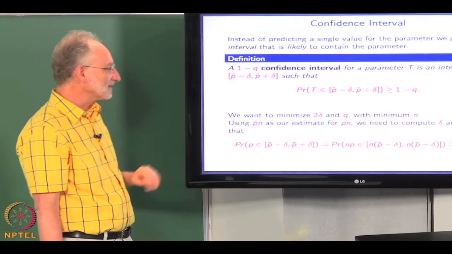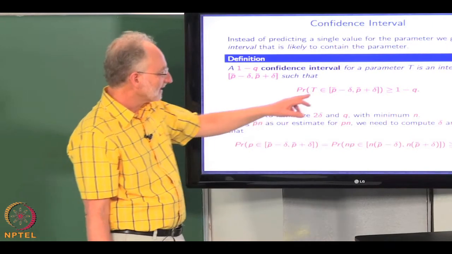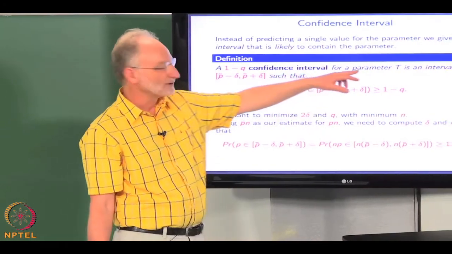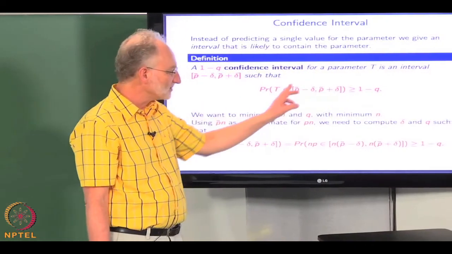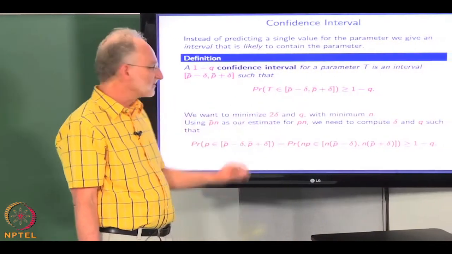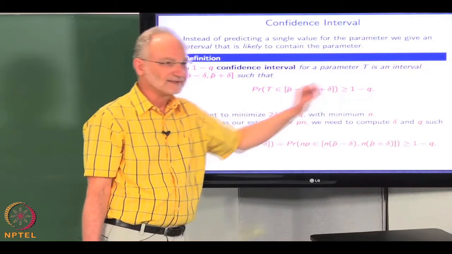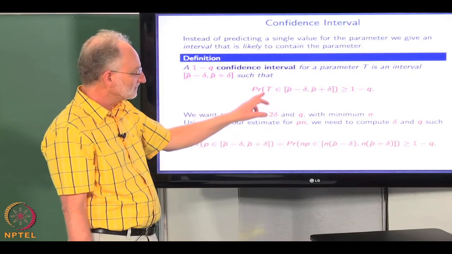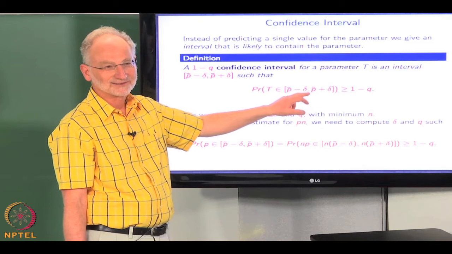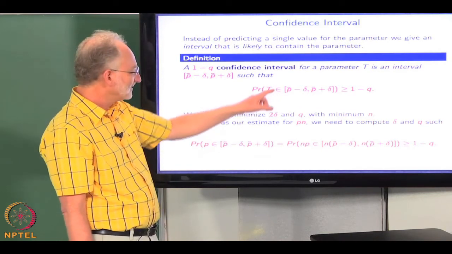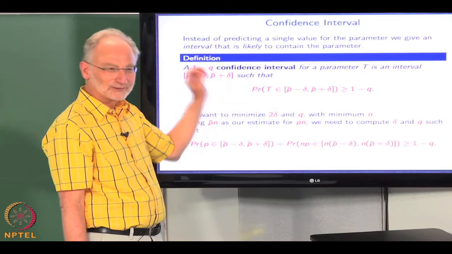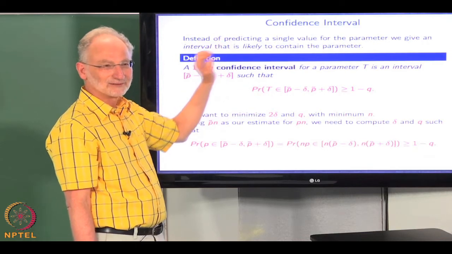A confidence interval for a particular value t is a range such that with very high probability, the value is inside that range. Now there's something very confusing here. T is a fixed value, God knows about it.